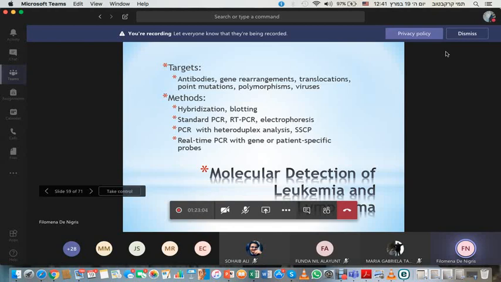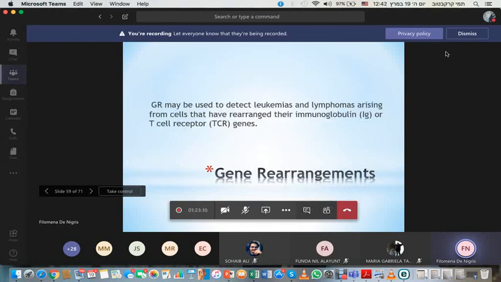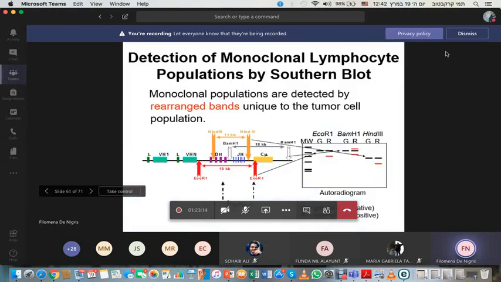Of course, genetic analysis is used for the diagnosis of leukemia. Most common are gene rearrangements.